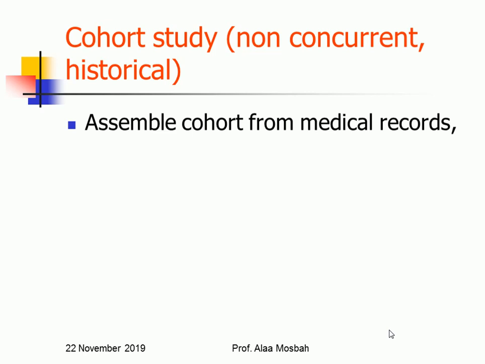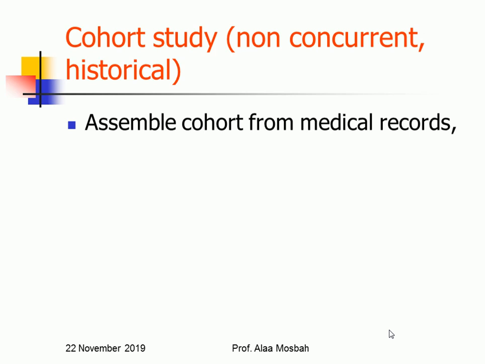Again, the other type of cohort is called the non-concurrent or historical, and some like to call it retrospective cohort study. And as I said, there is controversy about this name, retrospective.